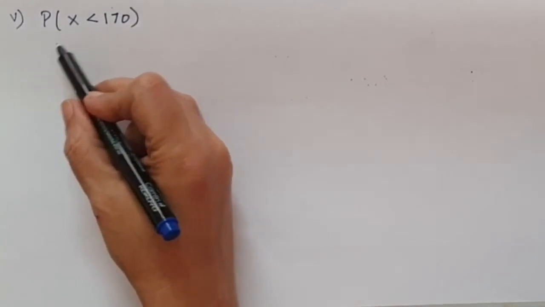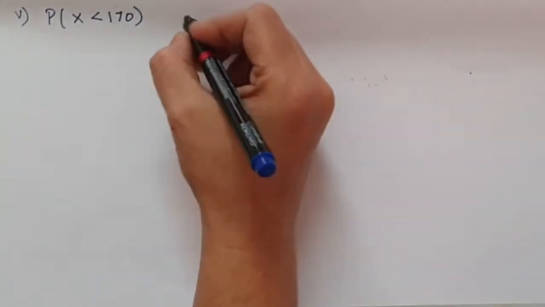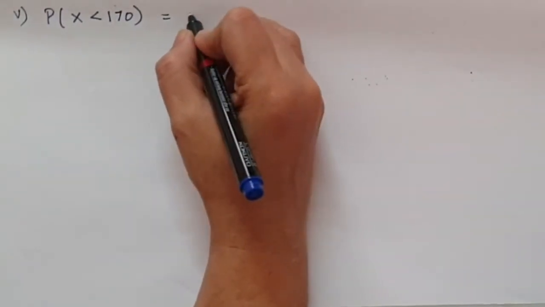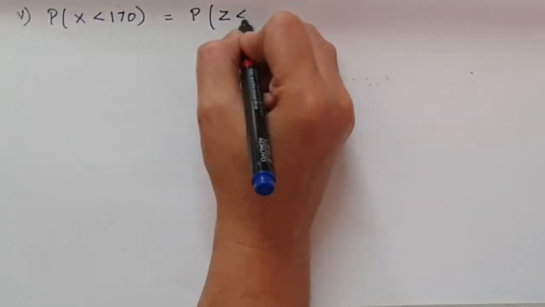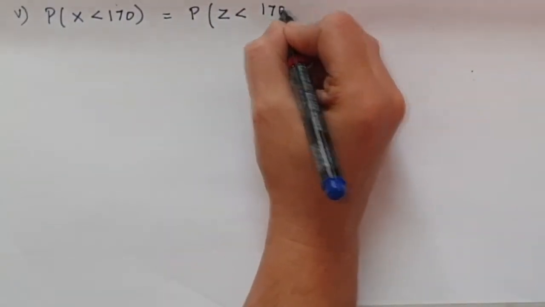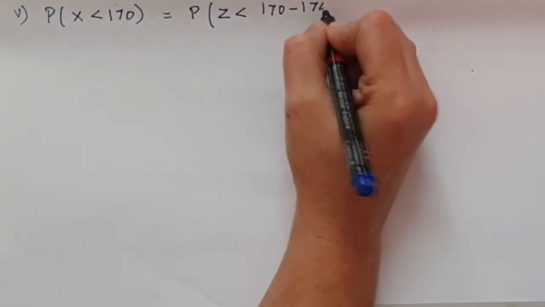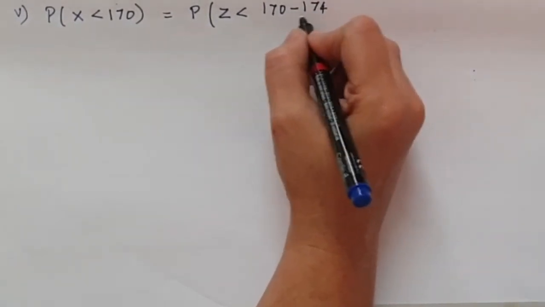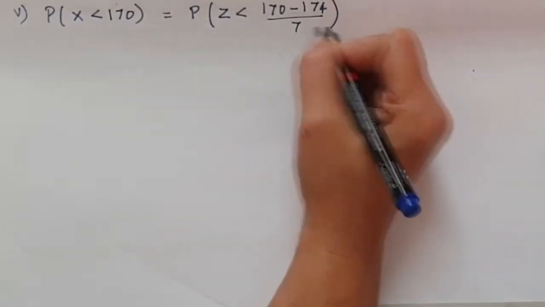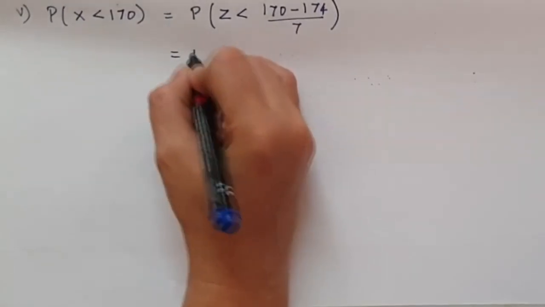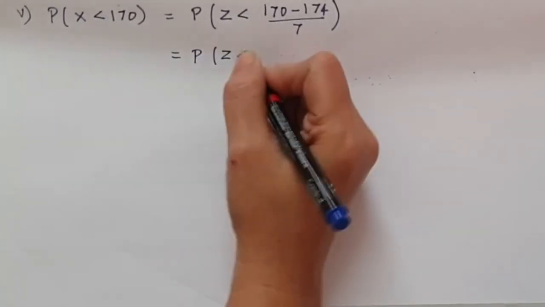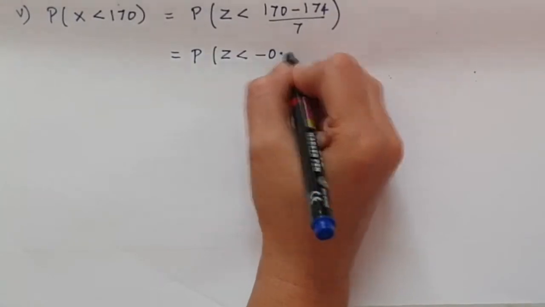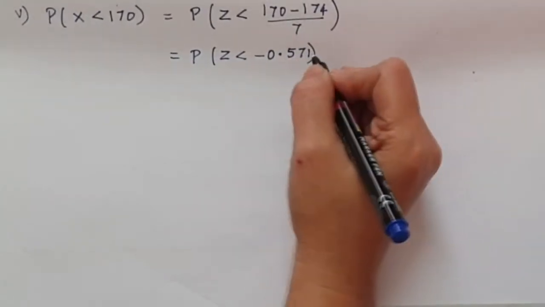Now the fifth part, the probability of x less than 170. First we standardize it: the probability of z less than 170 minus 174 over 7, which is equal to the probability of z less than minus 0.571.